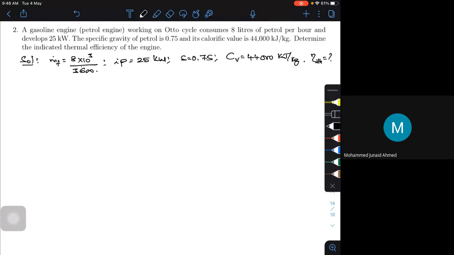The fuel rate which is in cc per second, we'll get in terms of kg per second.